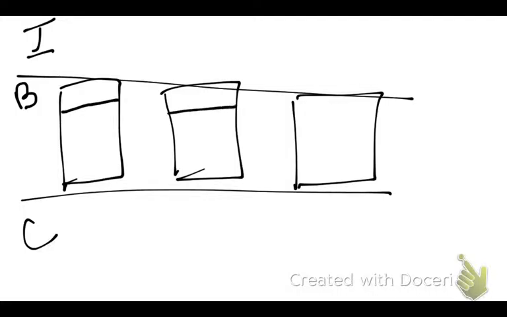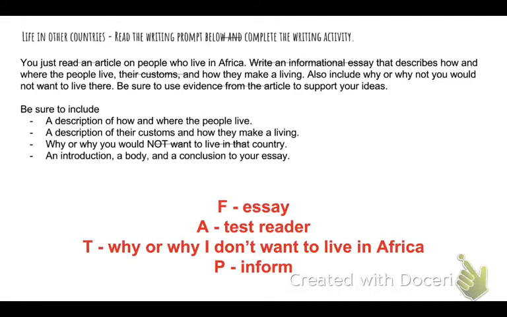Here we go. The top of my 3 boxes, so right here, is where I'm going to put the title of each of my bullet points. So those 3 bullet points we talked about, I'm going to put the title in each one of those. Okay? So let's go back here.